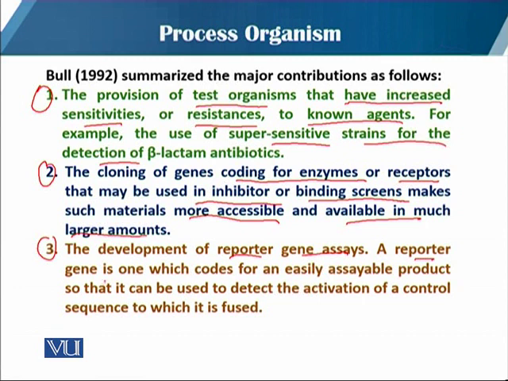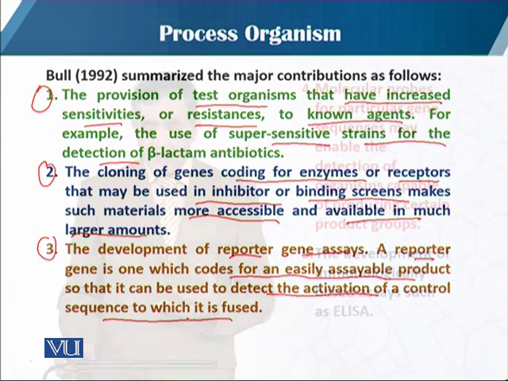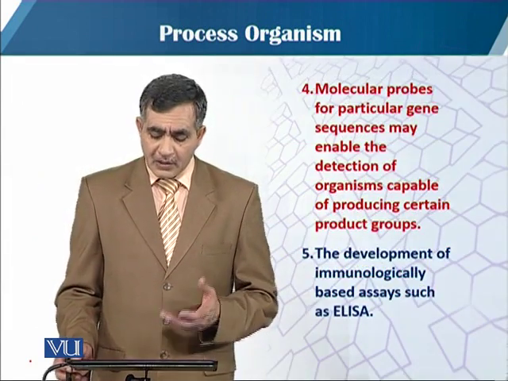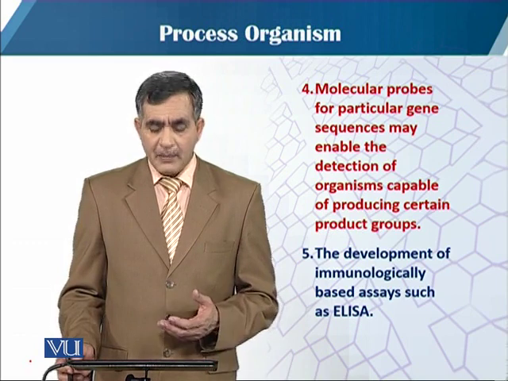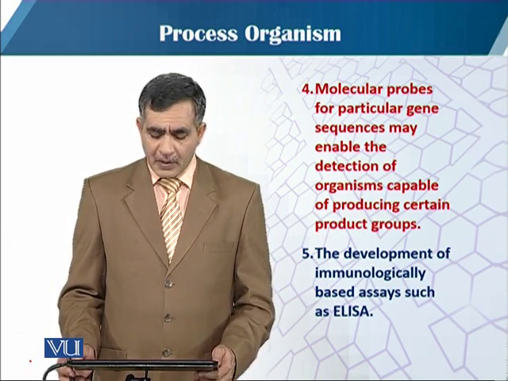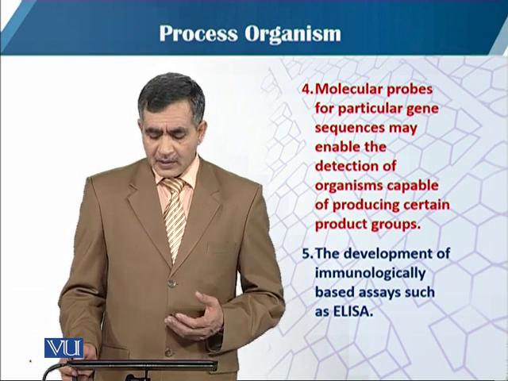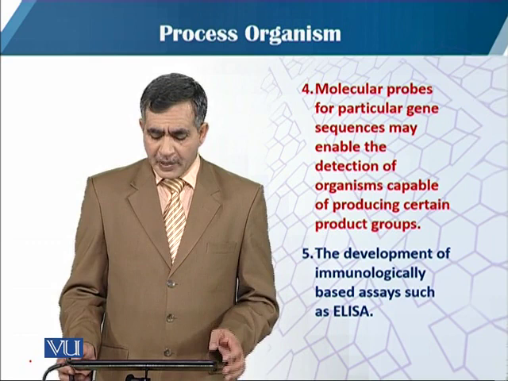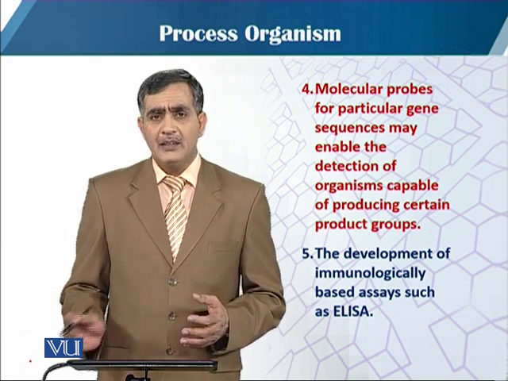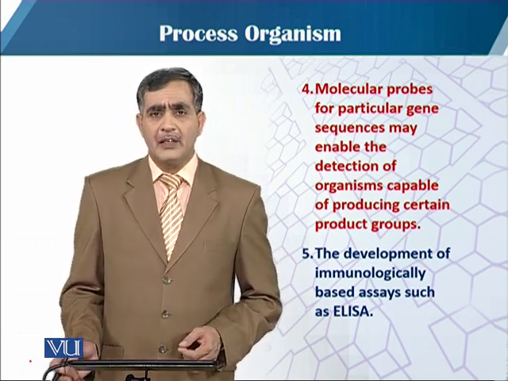A reporter gene is one which codes for an easily accessible product so that it can be used to detect the activation of the control sequence to which it is fused. Fourth, molecular probes for particular gene sequences may enable the detection of organisms capable of producing certain product groups. And the fifth one, the development of immunological based assays such as ELISA. This technique can also be used for the screening process.